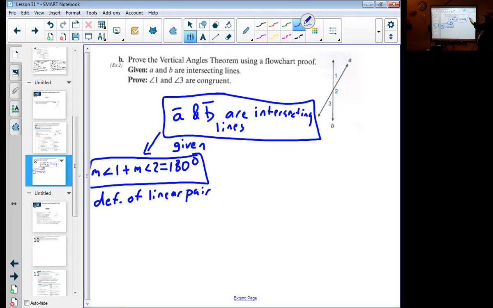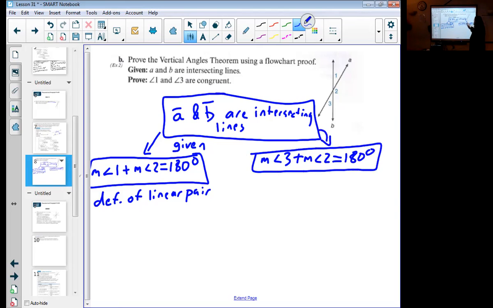We also know that angle 2 plus angle 3 is equal to 180 degrees. The measure of angle 3 plus the measure of angle 2 is equal to 180 degrees. The reason for that is that angle 2 and angle 3 make a linear pair. That is the definition.